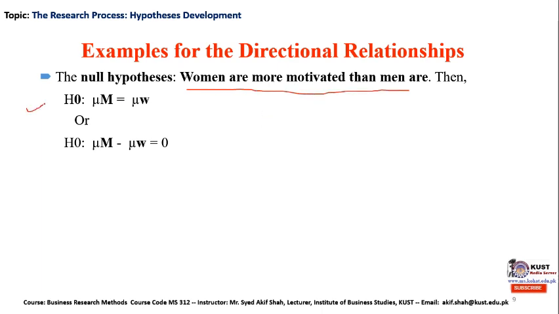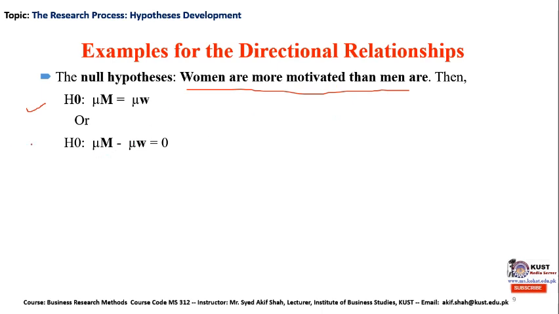We can label it in this fashion: H naught colon, the mean value of the motivation level of men is equal to the mean value of the motivation level of women. This is our null hypothesis, and we have already formulated that women are more motivated than men.